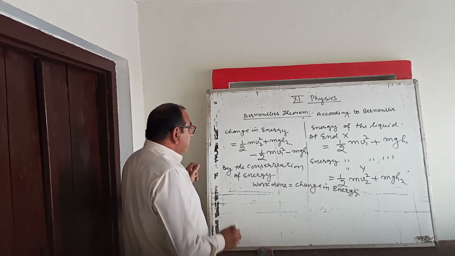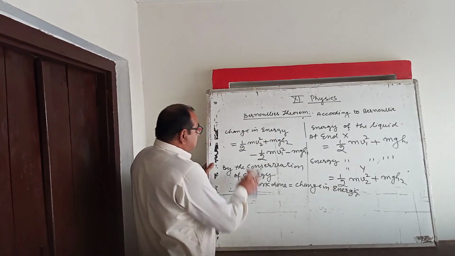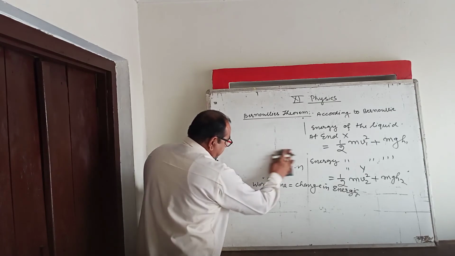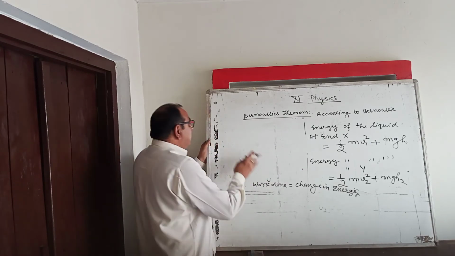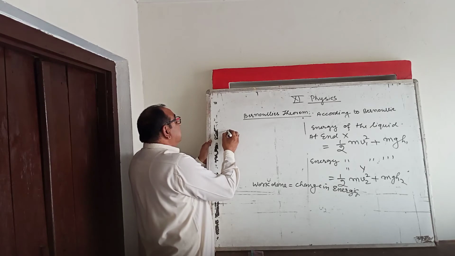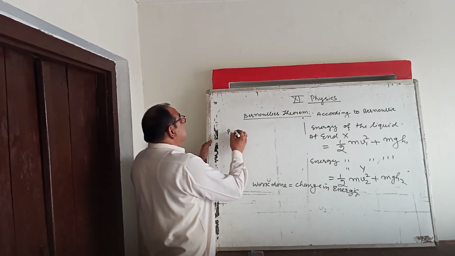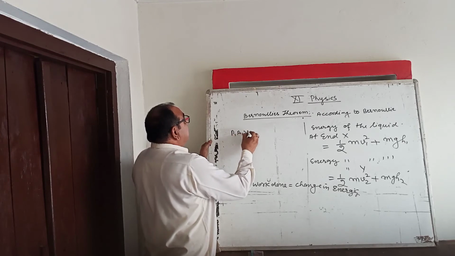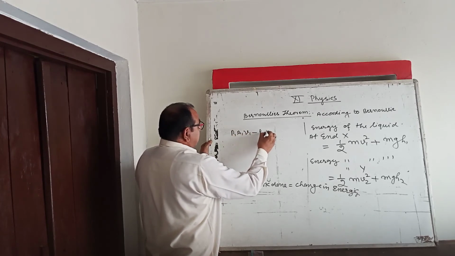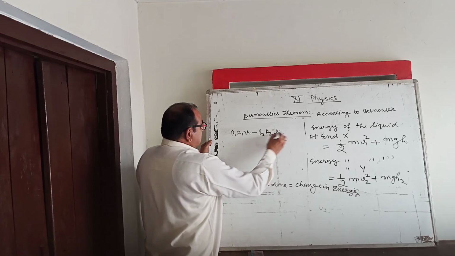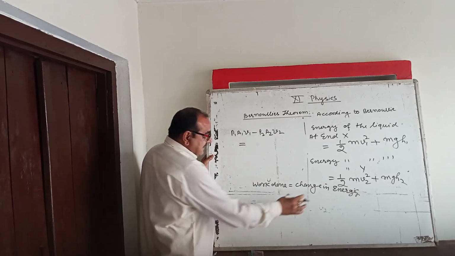Work done, I have told you, is P1 A1 V1 minus P2 A2 V2, equal to change in energy.